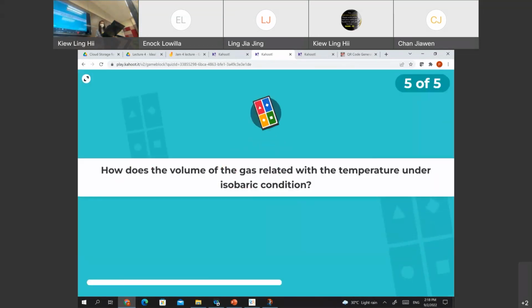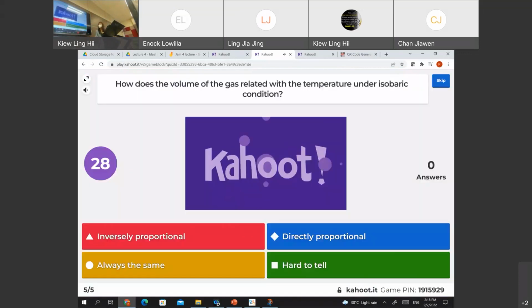So how does the volume of the gas relate with the temperature under isobaric condition?